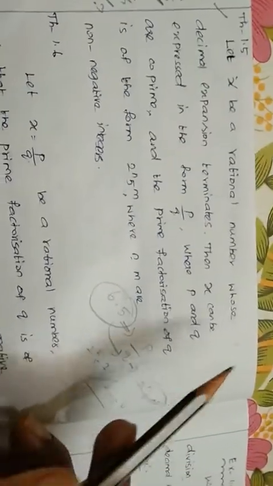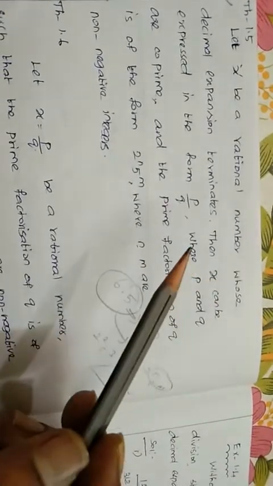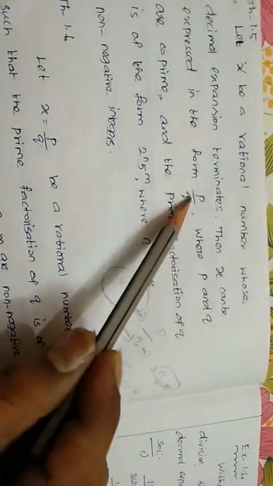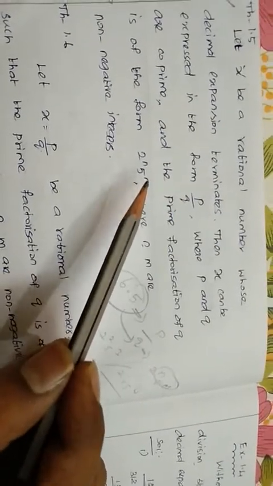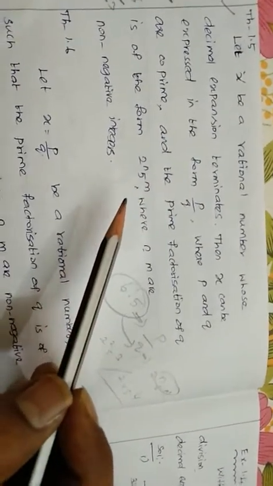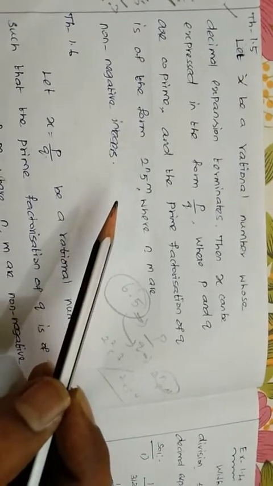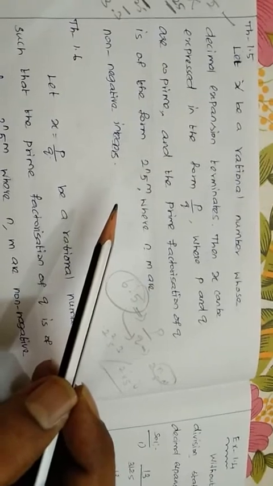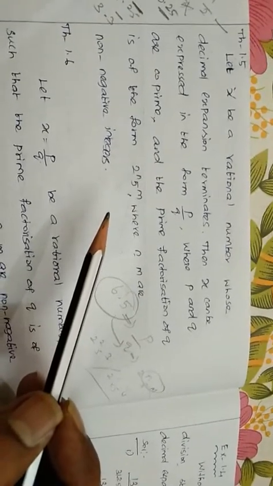So this is the meaning of theorem 1.5. If it terminates, then the denominator is of the form 2 power n, 5 power m only, not other than this 2 and 5. That is, not 3, 7, 11, not other than these two numbers. So this is the meaning of this theorem.